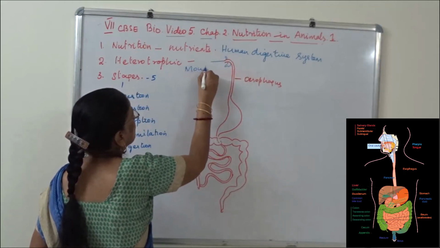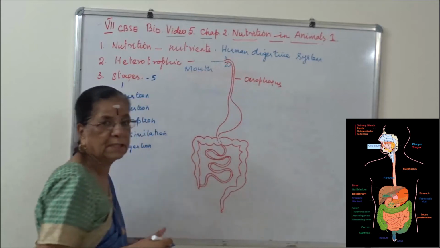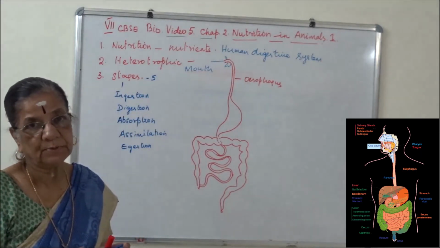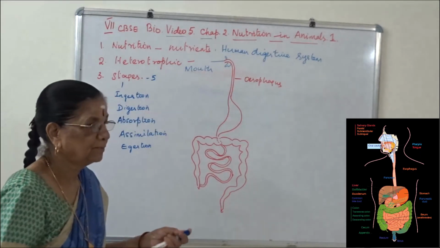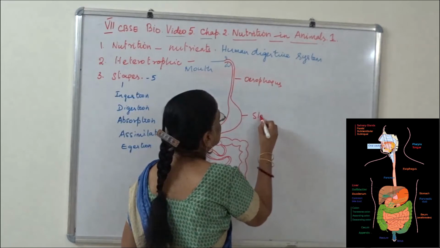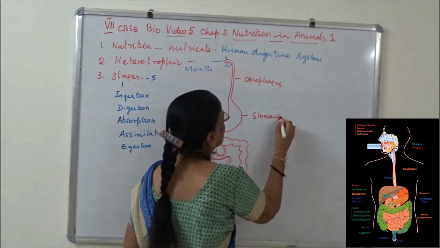Starting from the mouth, this is the mouth. Following that is the esophagus or the food pipe. And that food pipe continues as the muscular elastic stomach.